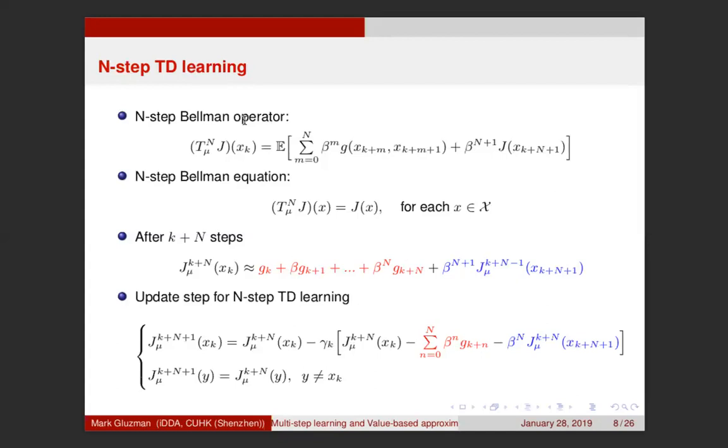So can I change capital N from iteration to iteration? Basically, you can. So then, instead of waiting to update a particular x, I would just run my Monte Carlo. Whenever I see a state has been repeated, I go ahead and update that particular thing right away.